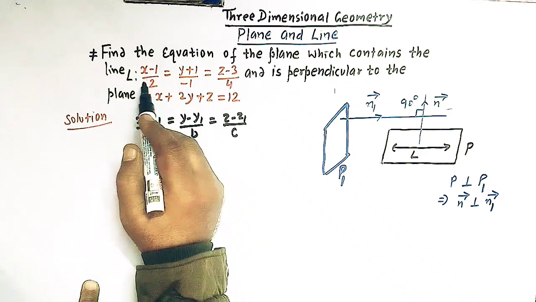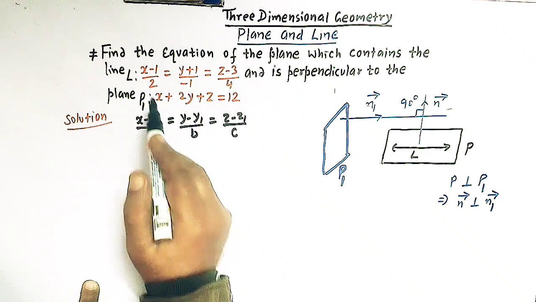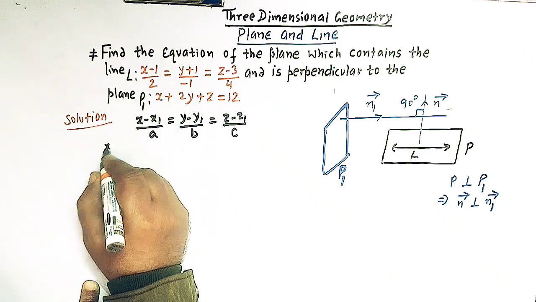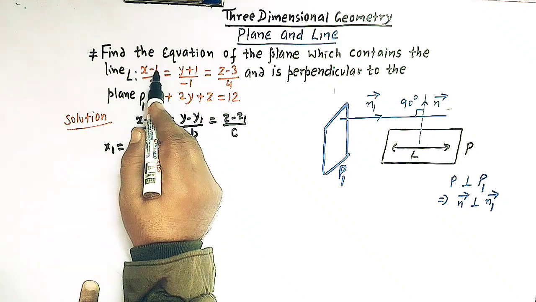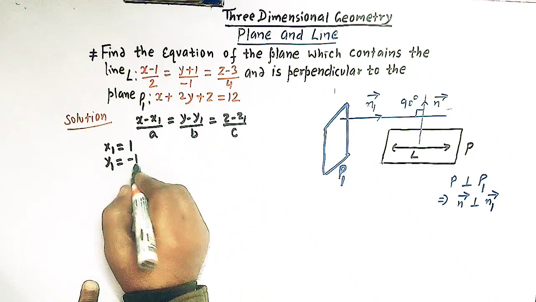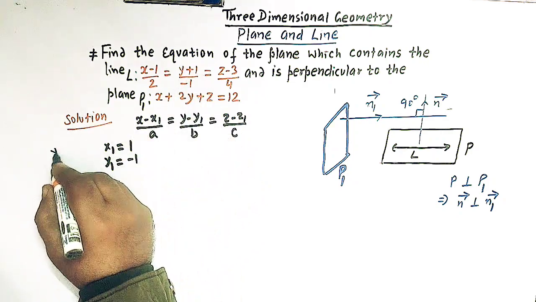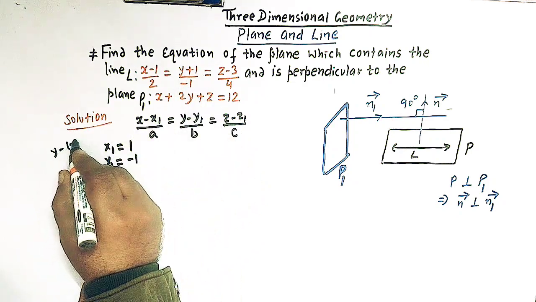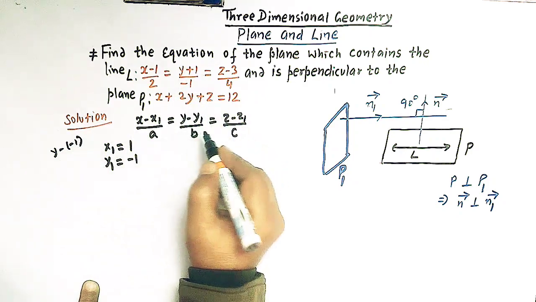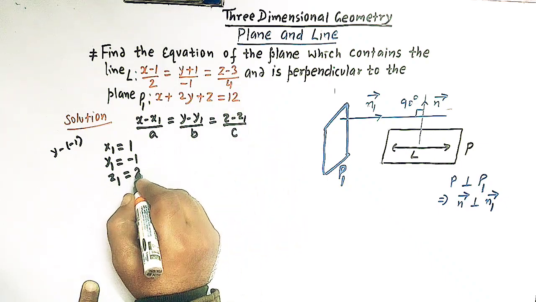If we compare the equation of this line with the symmetric form, then we can see that x1 is 1, y1 is minus 1, because here we have y plus 1, which can be written as y minus minus 1, and z1 is 3.